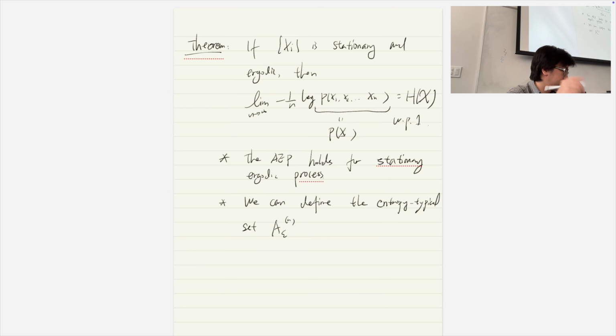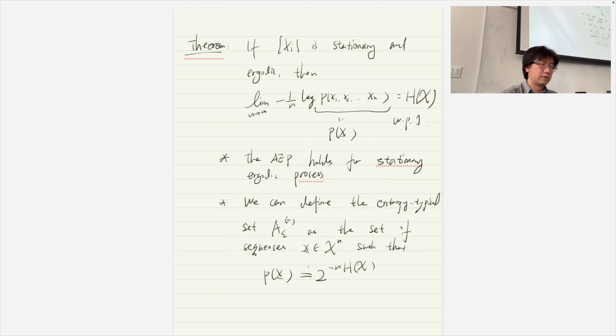Again, we call that A epsilon n the set of sequences x such that the probability of this roughly equals this. Of course, it will be within the epsilon region. But roughly speaking, all the x's that are in the typical set roughly have the same probability, which is given by this number.